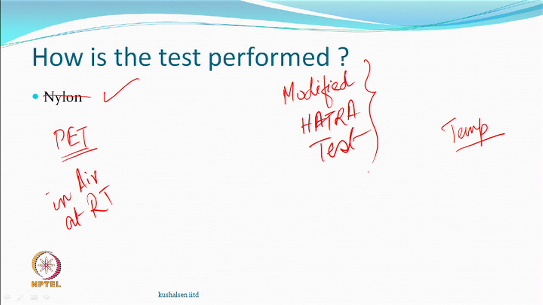They also found that polyester, because of its aromatic rings in the molecular structure, is relatively more rigid compared to nylon, which has no aromatic ring, is basically an aliphatic structure, more flexible.